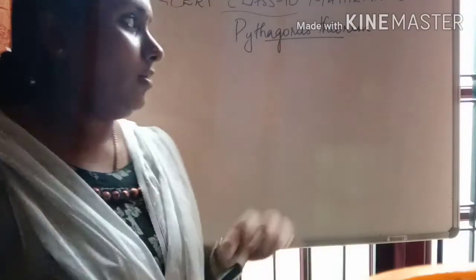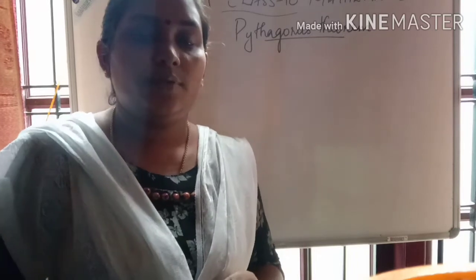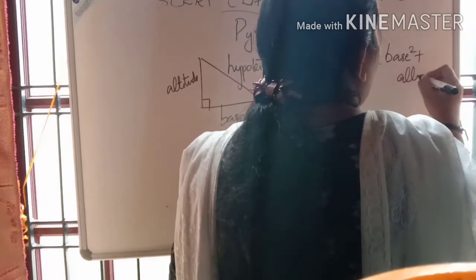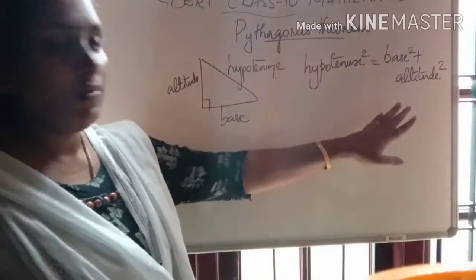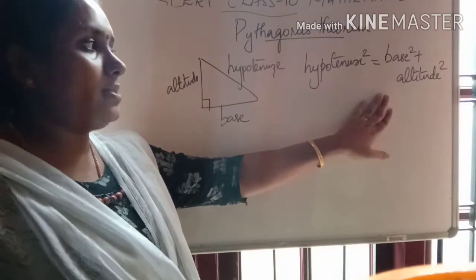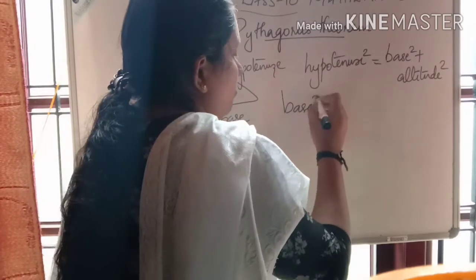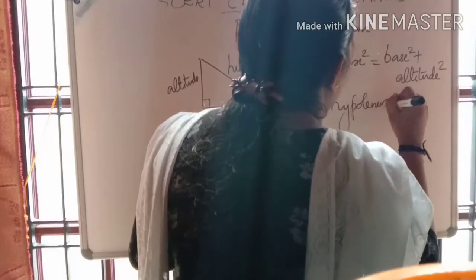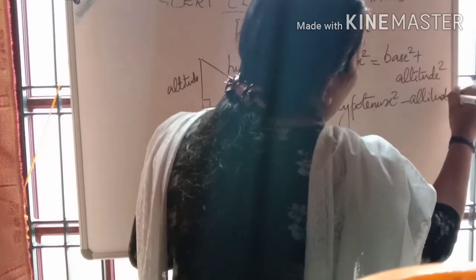Shall we say the Pythagoras theorem? This theorem states that hypotenuse square equals base square plus altitude square, right? From this we can find out base square is equal to hypotenuse square minus altitude square.